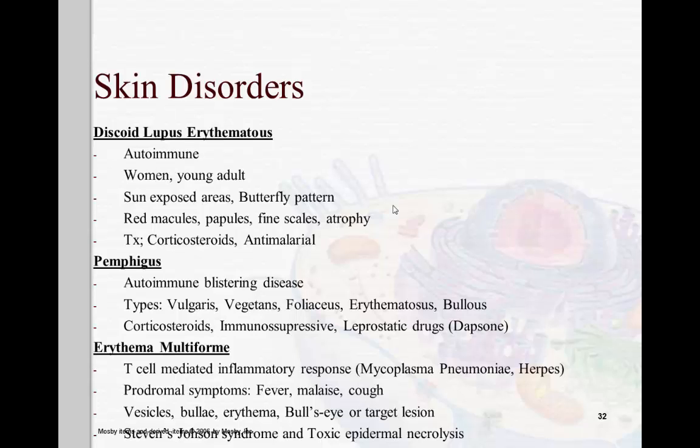Basically, the patients will have, in sun-exposed areas, pruritus, occasional pain, erythema of the skin. They would have red macules, papules, and fine scales, and the butterfly pattern as well.